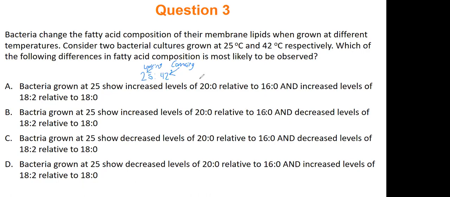I'm not saying this is the right answer, but at answer A, they'll have more 20:0 compared to 16:0, and they'll have more 18:2 compared to 18:0. So basically the bacteria at 25 degrees, that's what answer A is saying. People usually get confused, and this question comes straight out of the book, so that's why I want to explain it a little better.